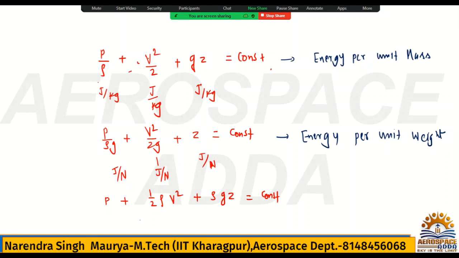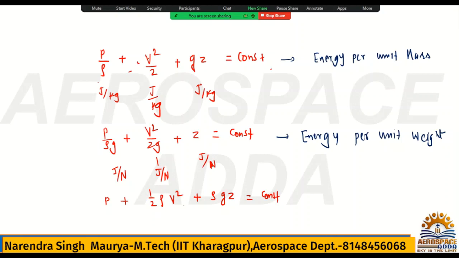You can write the unit anywhere if you want. What is rho? It is mass per unit volume, kg per meter cube. What is g? It is meter per second square. What is z? It is meter.